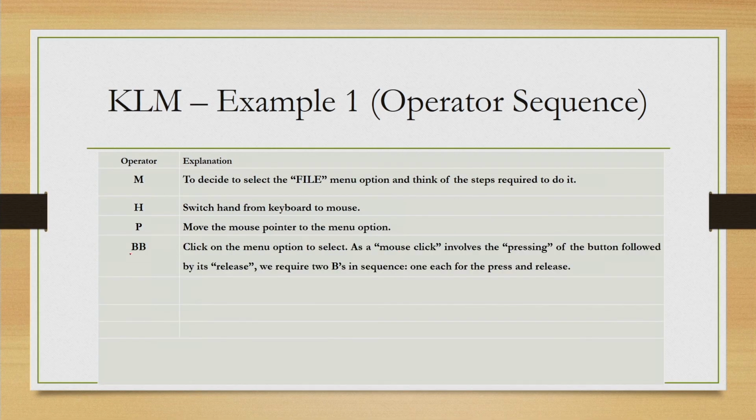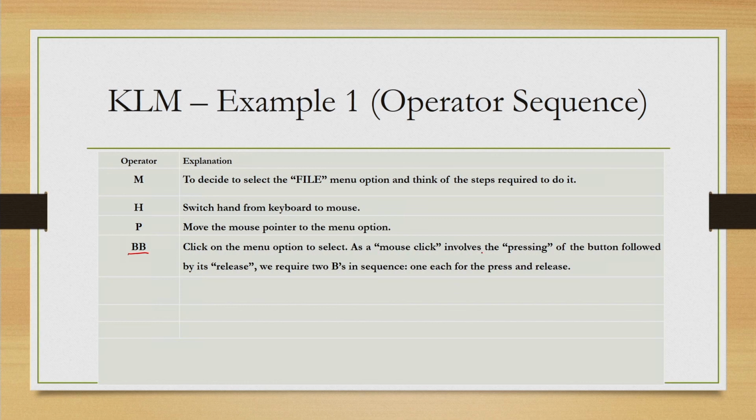Then double B. Now, each B represents one press or release. So, when we are required to select the file menu option, we need to click on it. Now, a click indicates pressing as well as releasing the mouse button. Pressing and releasing together constitute 2 B operators.